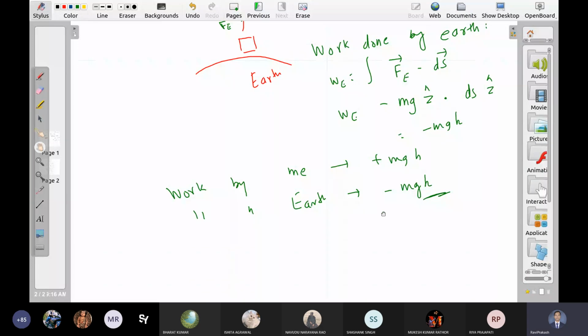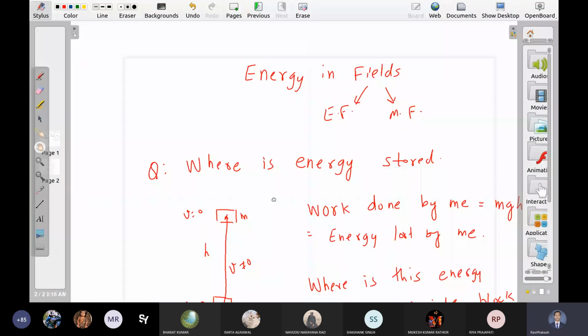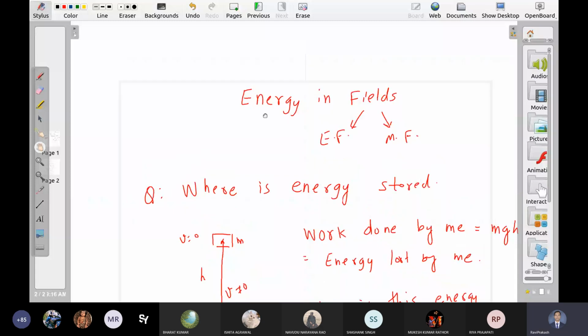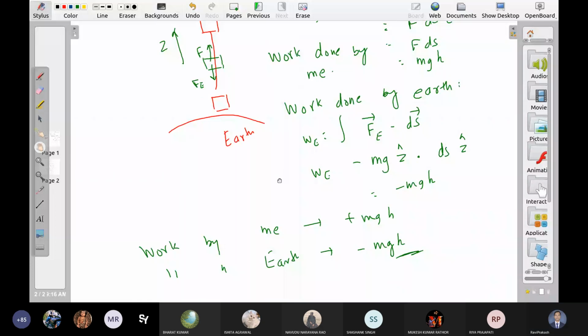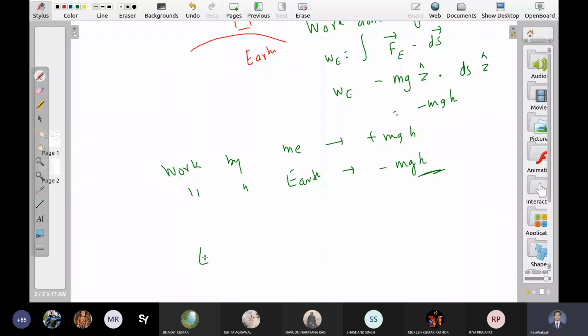So when I say energy in fields, I am actually talking about the second case. But again, it's just a matter of convenience. It is not that energy is only in the field. So energy can be at any one of the two places. So where is energy?